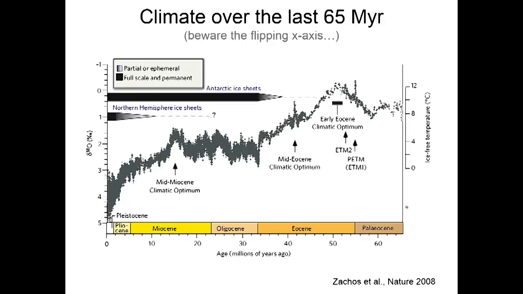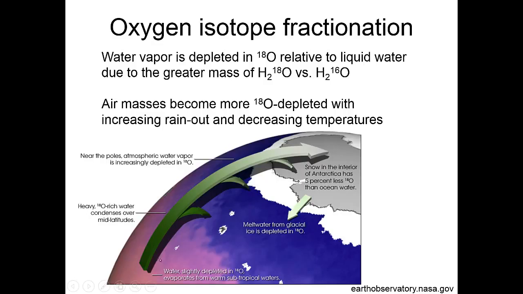And this has to do with the buildup of ice sheets, first in Antarctica and then in the northern hemisphere, with time. When water vapor evaporates from seawater, it tends to be depleted in oxygen 18 relative to oxygen 16. This is related to the fact that water molecules containing oxygen 18 are simply heavier, so even with the same kinetic energy, they have a lower velocity.